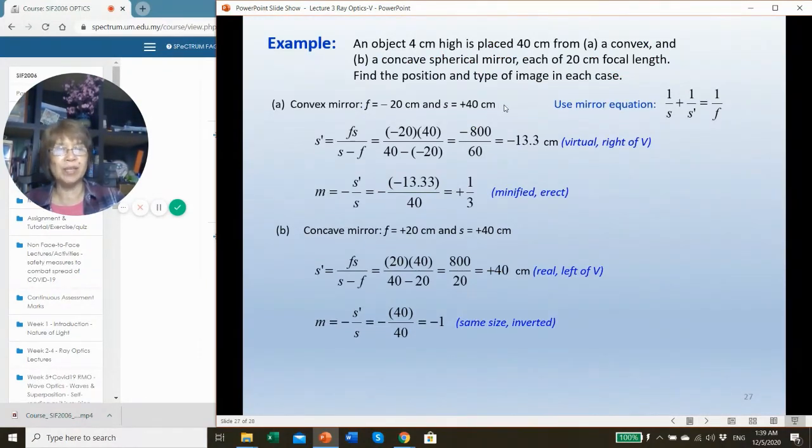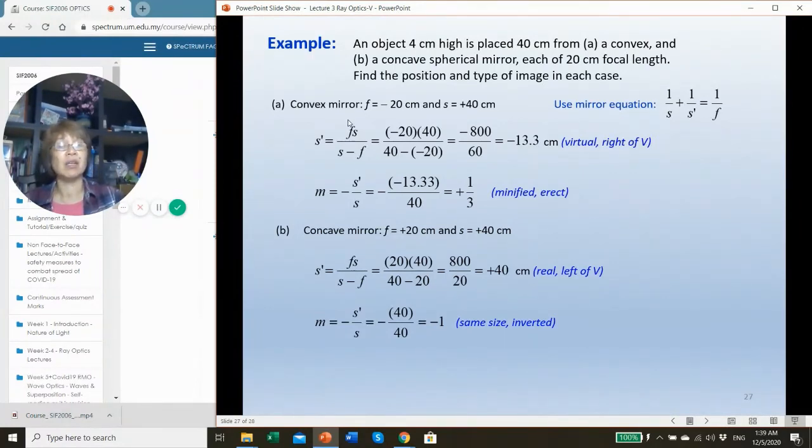This is an example of how to make the calculation. We have an object 4 cm in height, placed 40 cm from a convex mirror and then a concave mirror. There are two questions here, each with a mirror of 20 cm focal length. Find the position and type of the image. So let's start with the convex mirror.